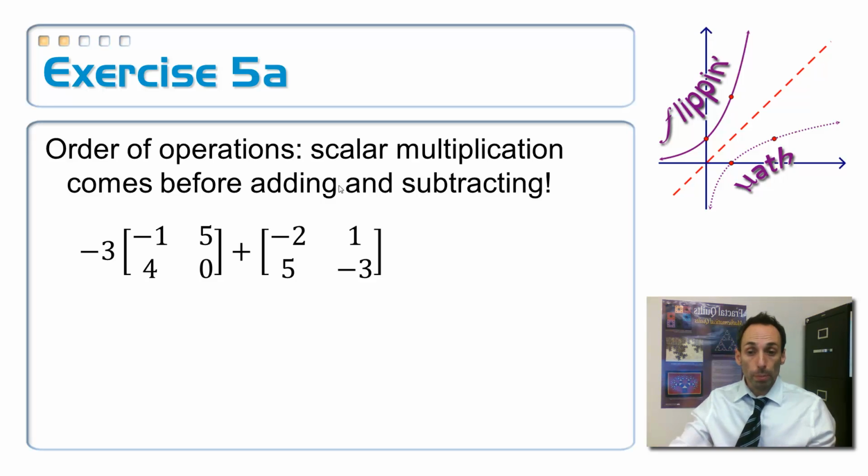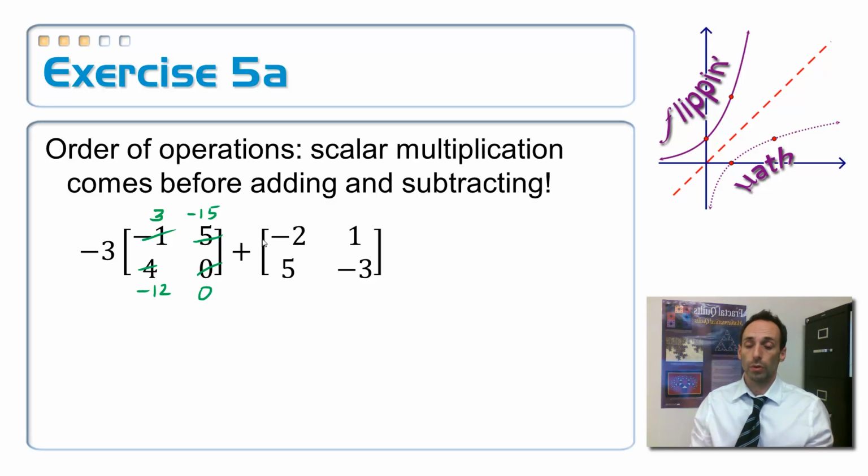Okay? So putting it all together, here's one where you just have to perform order of operations, PEMDAS. You have to do the scalar multiplication before you can do the addition. So let's go ahead and multiply by the scalar -3 this matrix right here. -3 times -1 gives me a 3, then a -15, a -12, and 0.